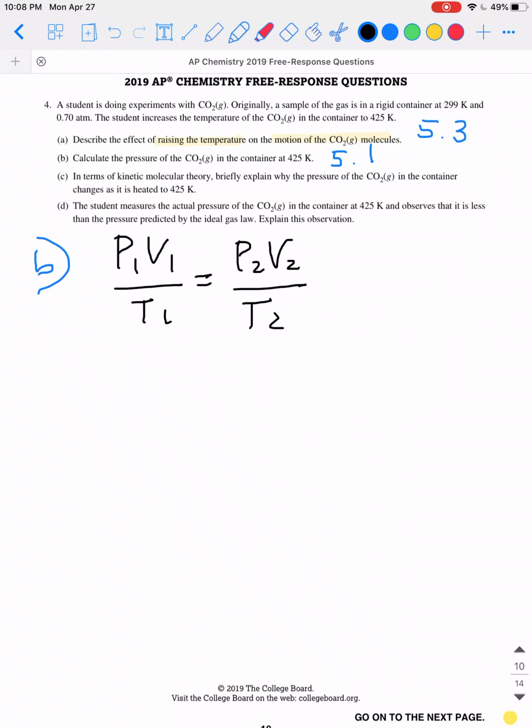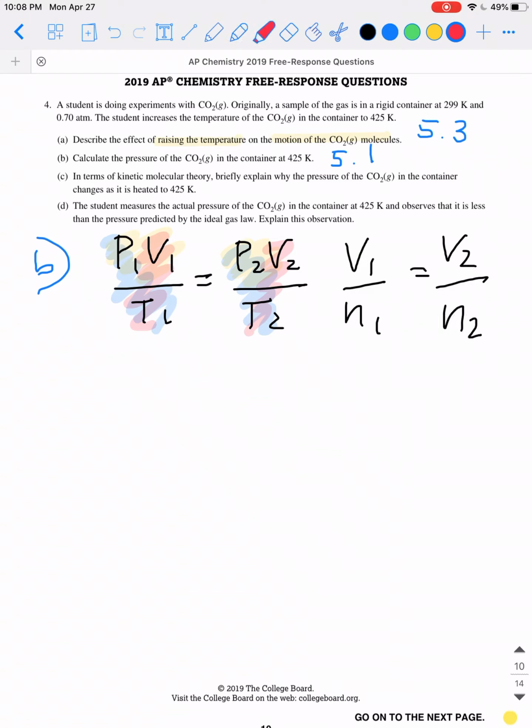So just as a review, Boyle's law is P1V1 equals P2V2, and then P1 over T1 equals P2 over T2 is Gay-Lussac's law, and then finally V1 over T1 equals V2 over T2 is Charles' law. But there's also another law called Avogadro's law, which is V1 over N1 equals V2 over N2.